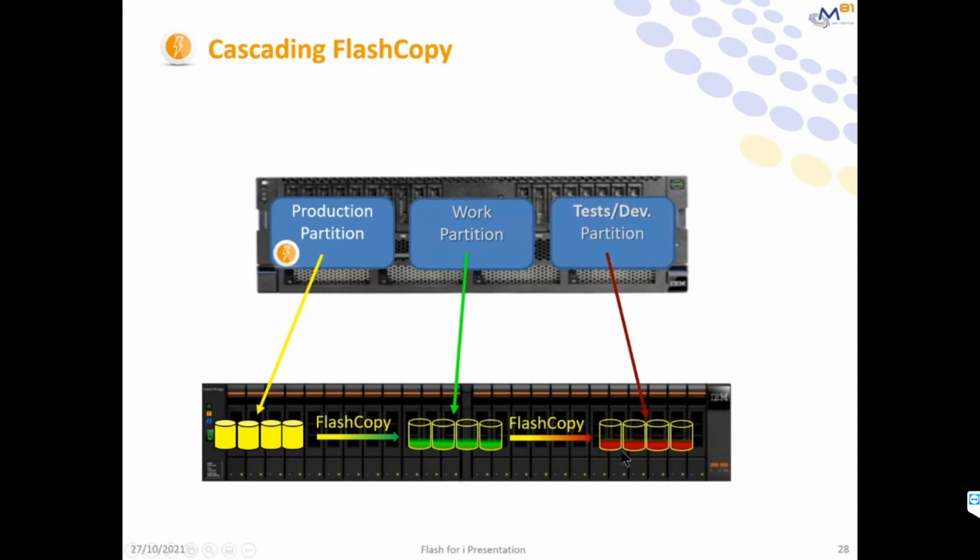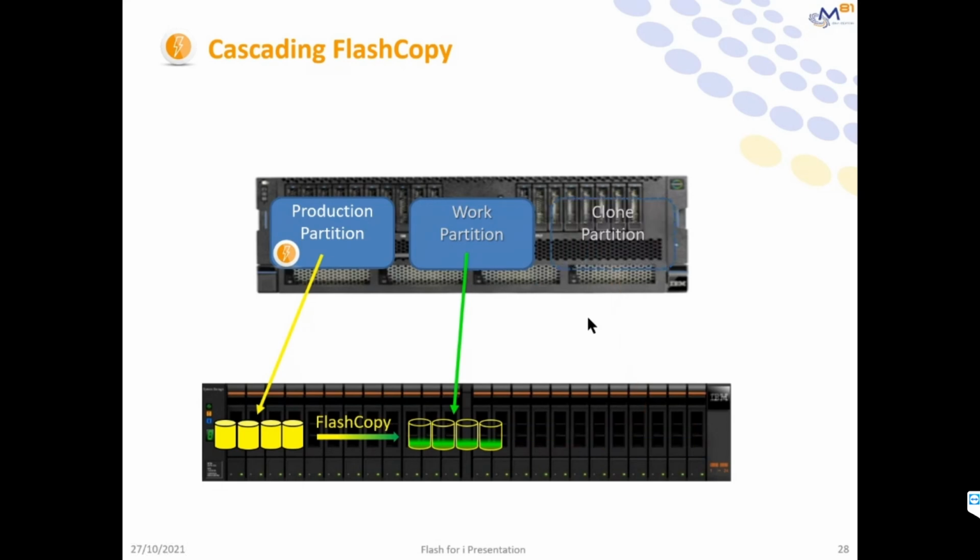So you create another flash copy, and the developer will work on this test partition. If after 10 minutes they break all the database, you just have to delete that partition, restart the flash copy from here, and re-IPL. And you can do that all day and come back with the same data as the one from last night. So that's another example.